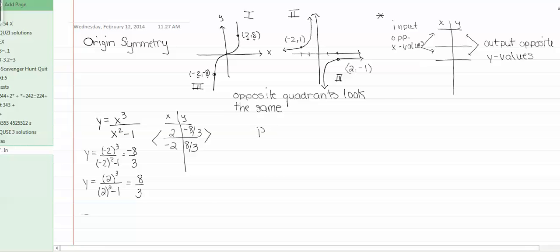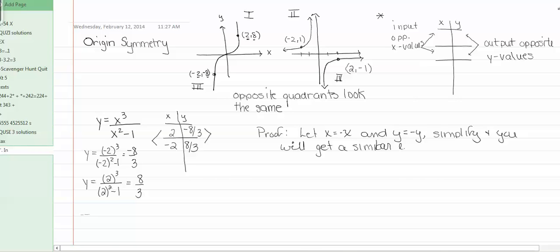Algebraically, the proof says if I let x equal negative x and y equal negative y, simplify it, and you will get a similar equation from what you started with.